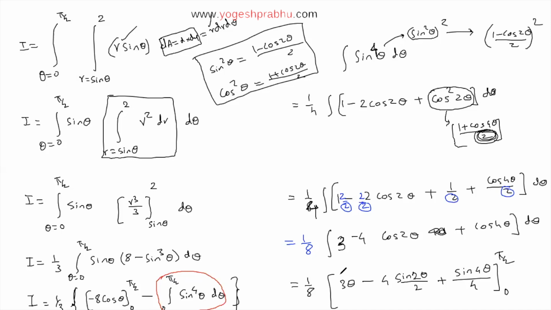This is another way of solving. It's long. But if you have a sine raised to 5 or anything crazy, then it becomes very difficult. But otherwise you can solve. In this question, you can solve. Okay.